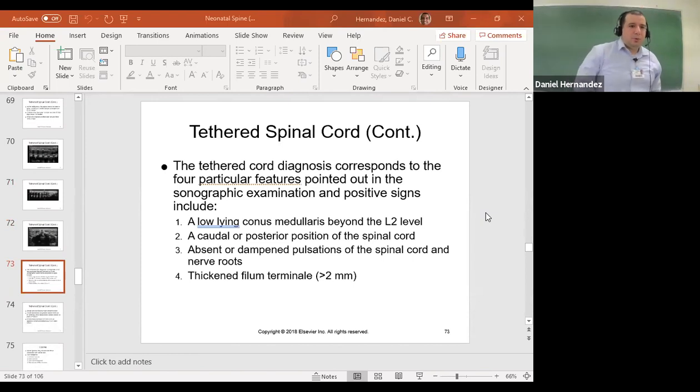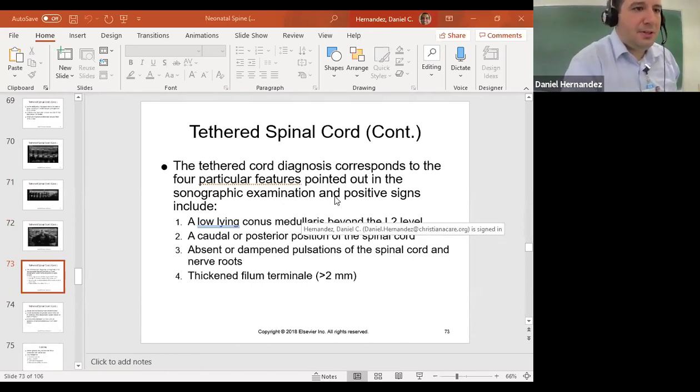So the tethered cord diagnosis corresponds to 4 particular features pointed out in the sonographic examination, and positive signs include a low-lying conus medullaris beyond the level of L2, a caudal or posterior position of the spinal cord.